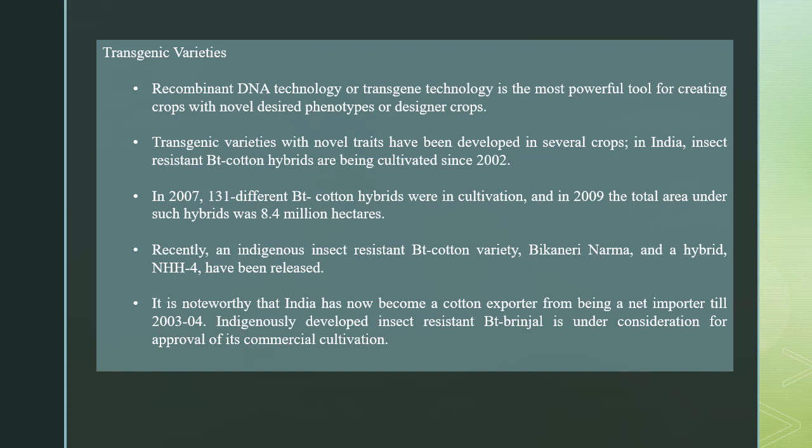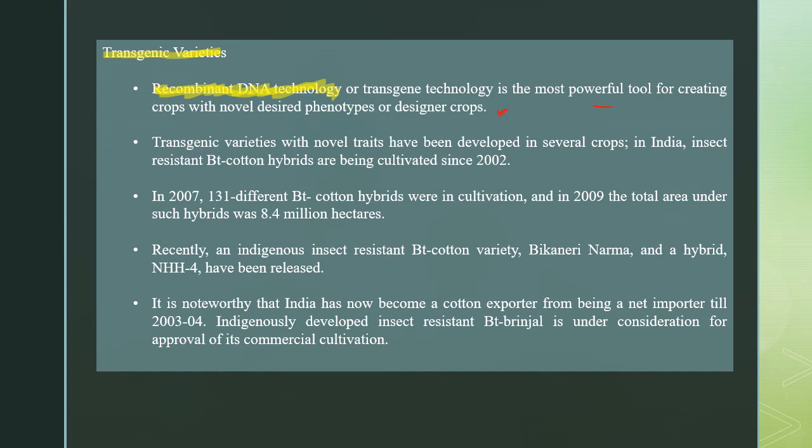Next, if we see transgenic varieties, recombinant DNA technology has played the most important role in plant breeding, where it is the most powerful tool for creating crops with novel desired phenotypes, or as we call it, a designer crop.